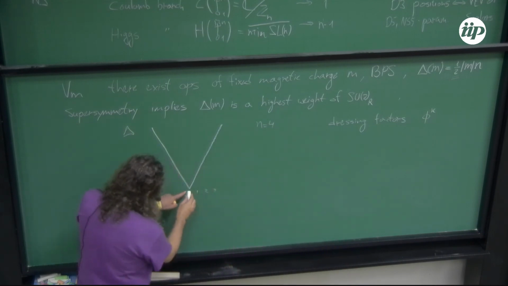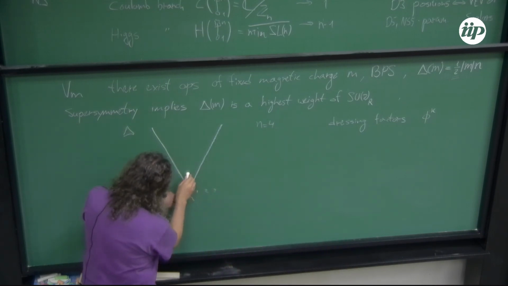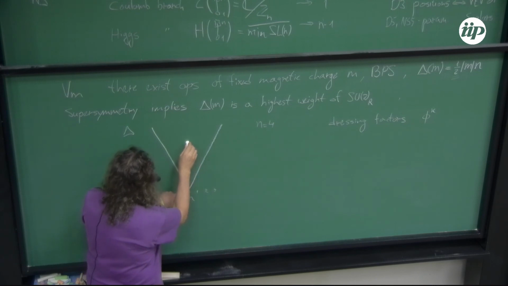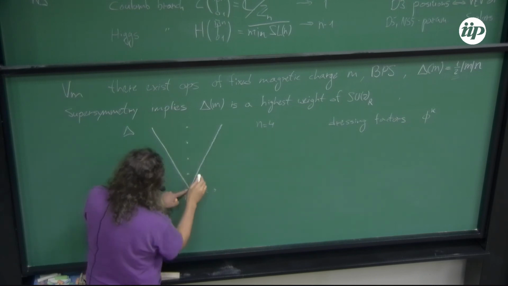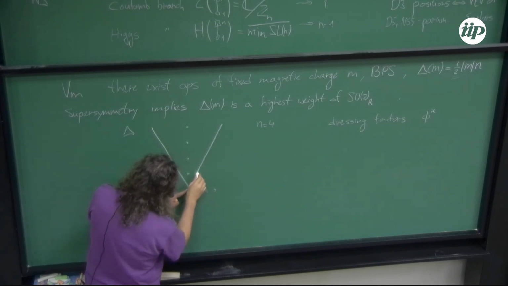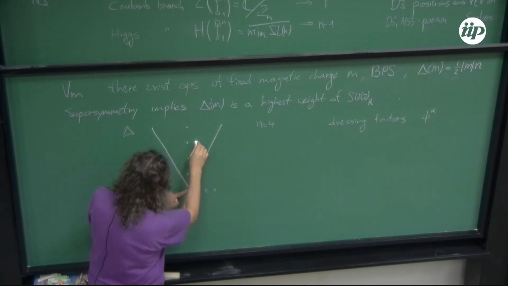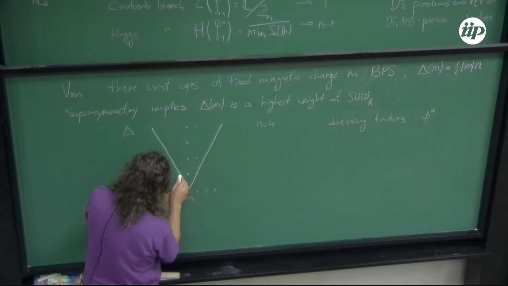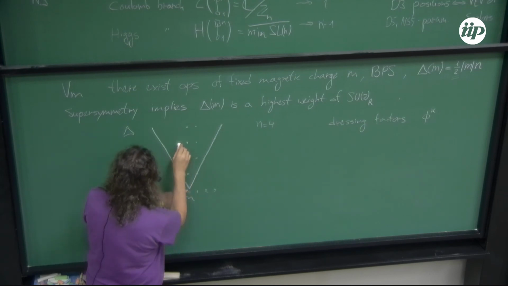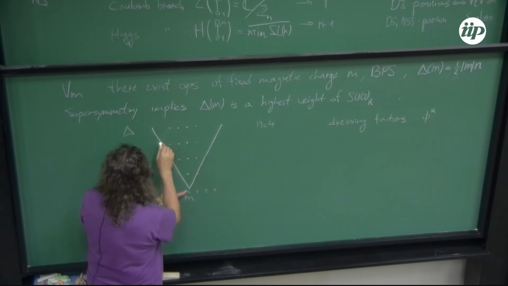So I can have one phi here, another here, another here. Those are the different powers of phi. And if I start from this monopole operator, I could have one phi here, here, here. And so I get a lattice of operators.